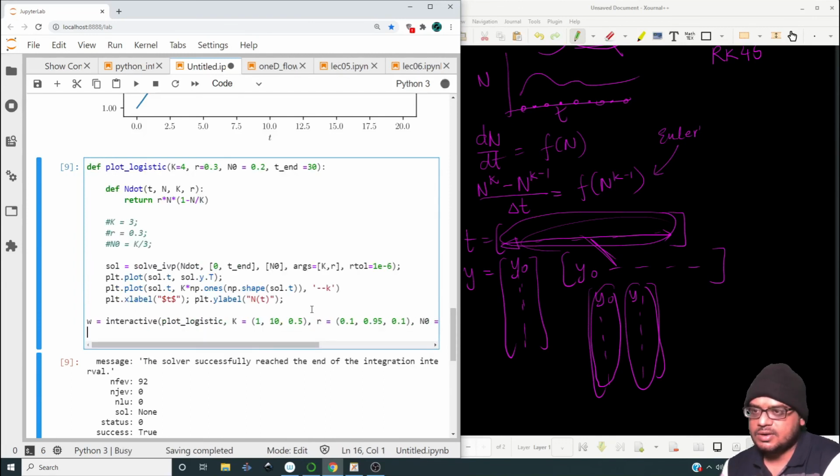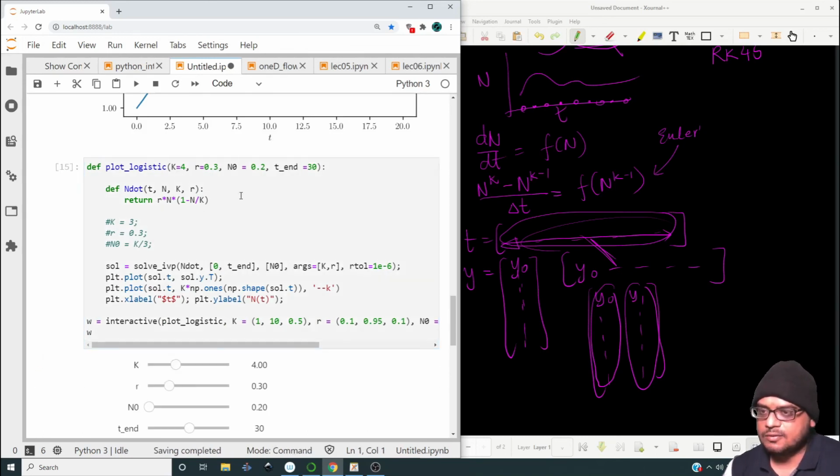That's fair enough. We have to display the widget as well. Let's run this and see what happens.